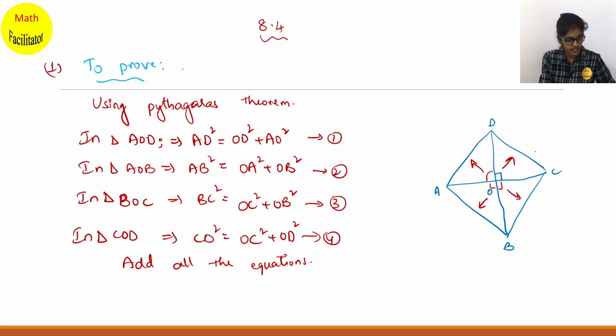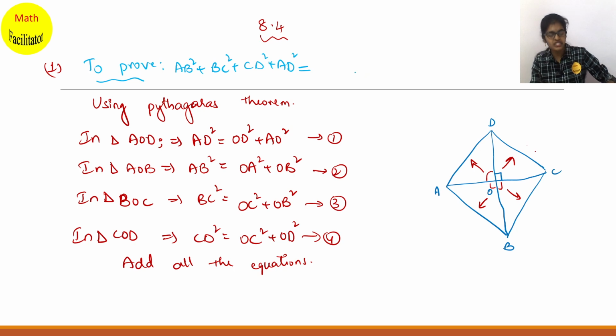So the sum of the squares of the sides means AB square plus BC square plus CD square plus AD square. So all the sides I am squaring and adding together. You have to prove that that is equal to the sum of the squares of the diagonals. The diagonals are nothing but AC and BD. So the sum of the squares of the diagonals.